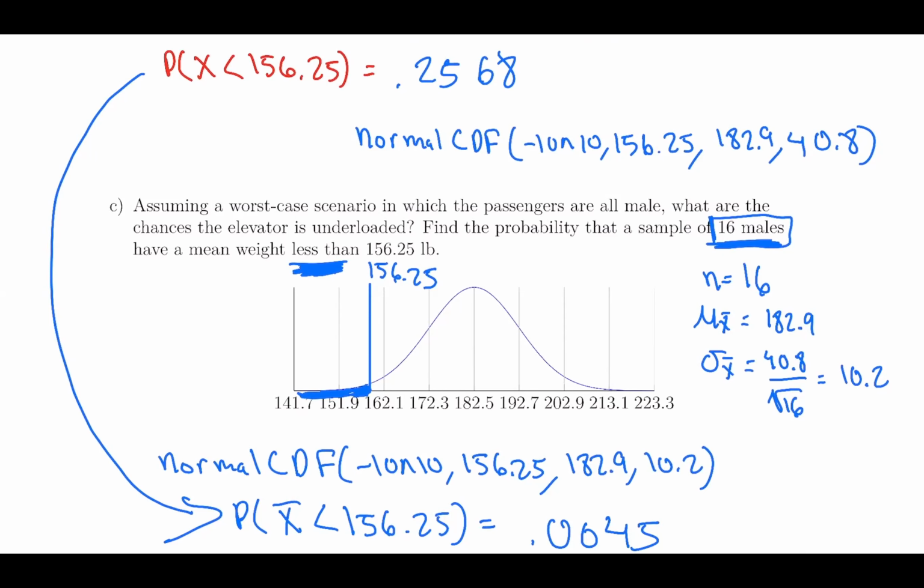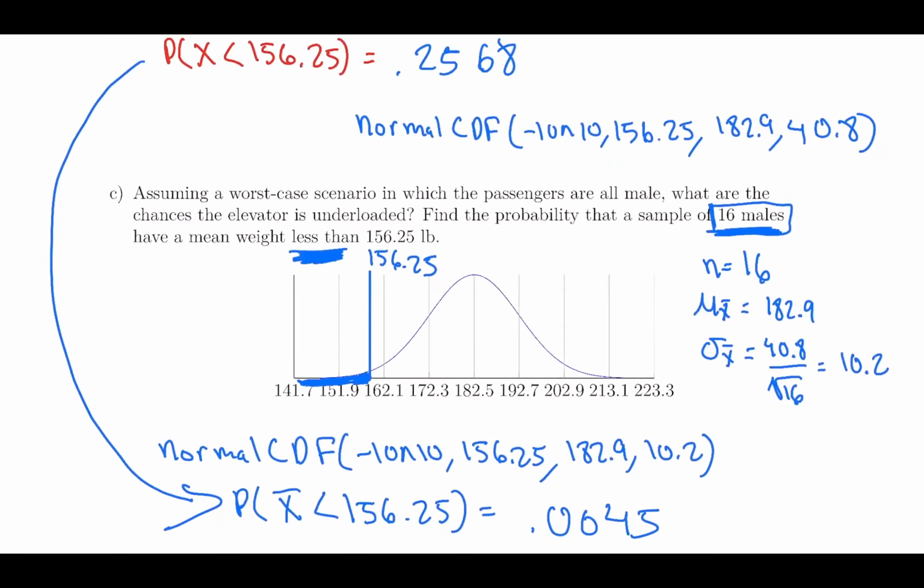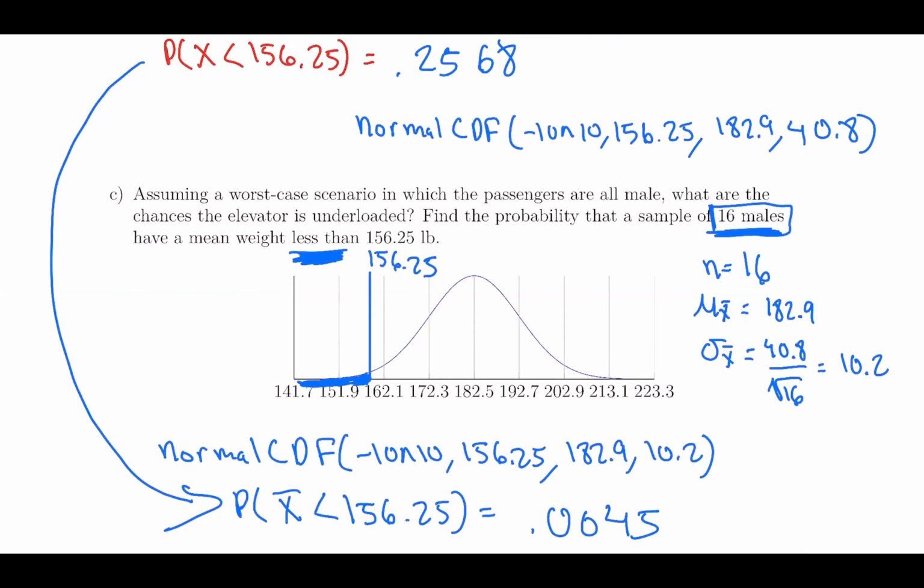I think I changed that in the notes. On the notes, does it say greater than? You should do the right side, but for this one, change it to less than. So in the notes, just change it from greater than to less than for both B and C. All right. So which of the two probabilities is greater? The one for part B or the one for part C?